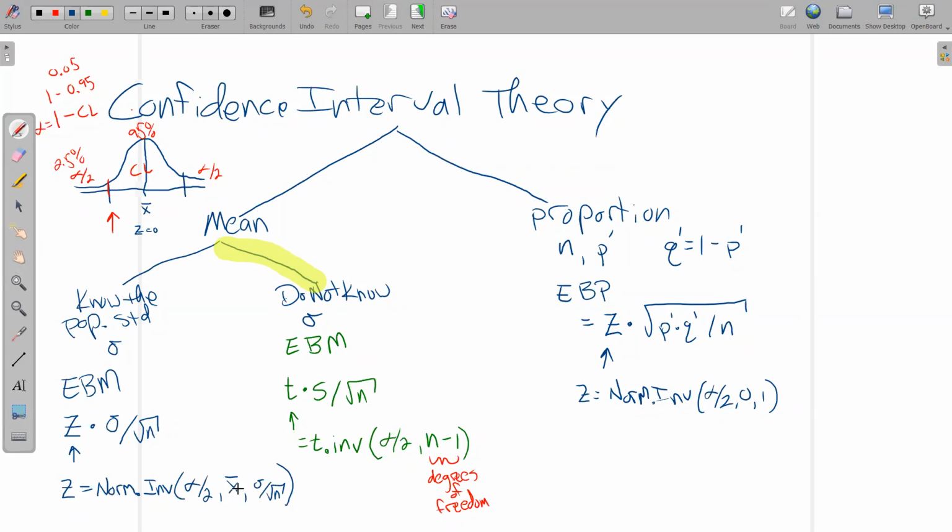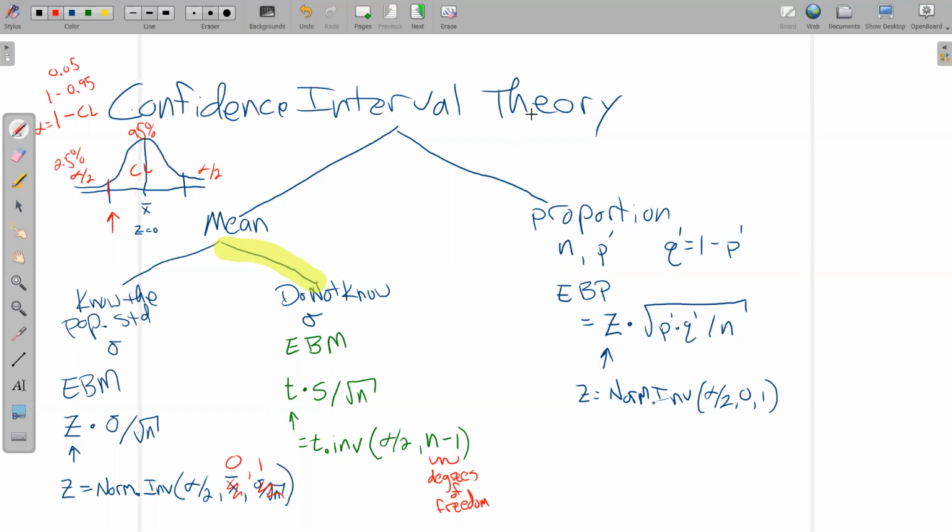I think I have the same problem here. Yep. This would actually calculate the lower value of the confidence interval. So I don't want that or that. I want a 0 and a 1 there because I'm looking for a z-score. Z-scores always have a mean of 0 and a standard deviation of 1.